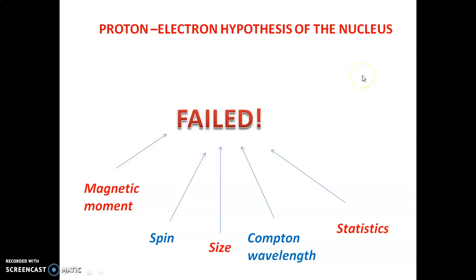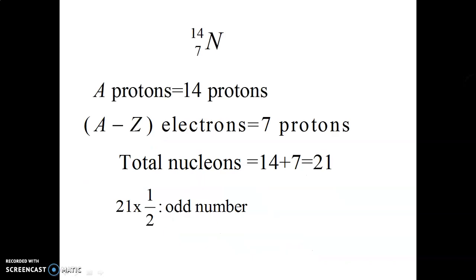So if the electron cannot reside inside the nucleus, definitely the proton-electron hypothesis is a failure. These are the things that led to the failure of the proton-electron hypothesis.